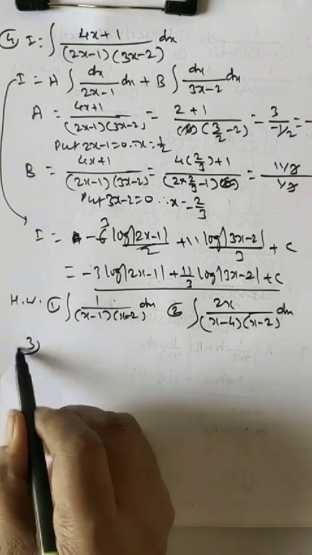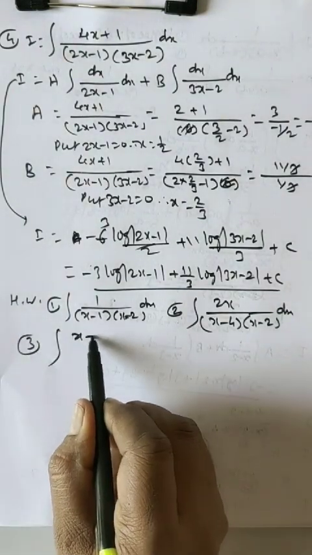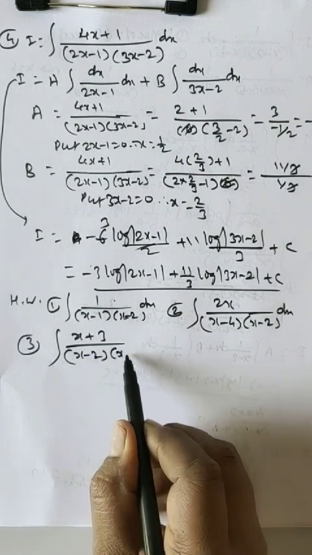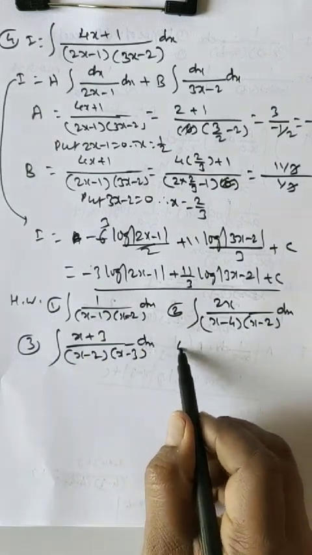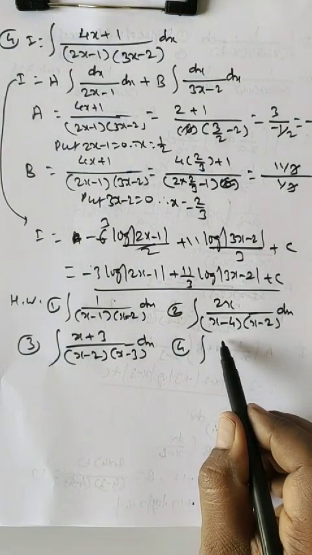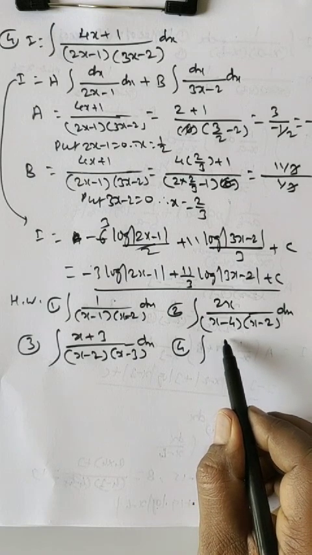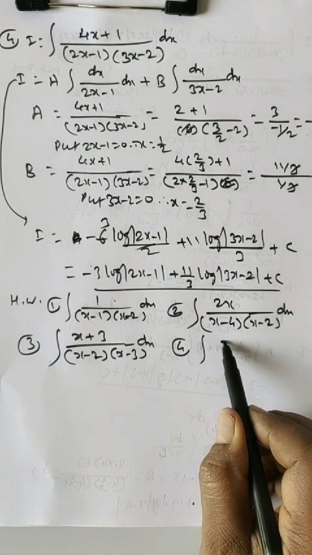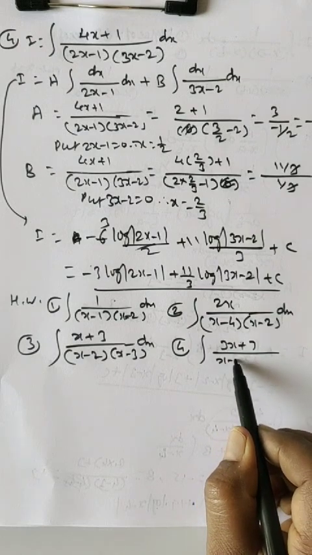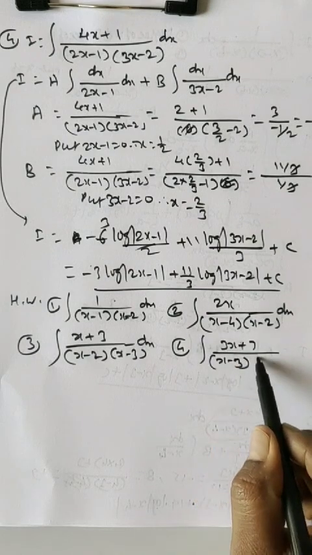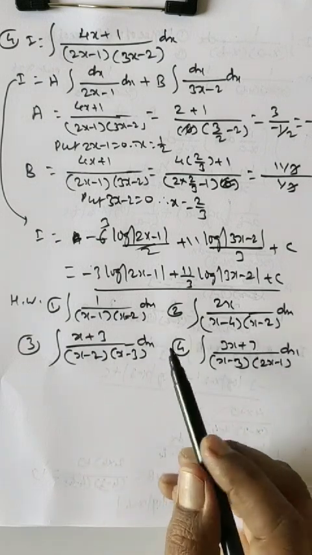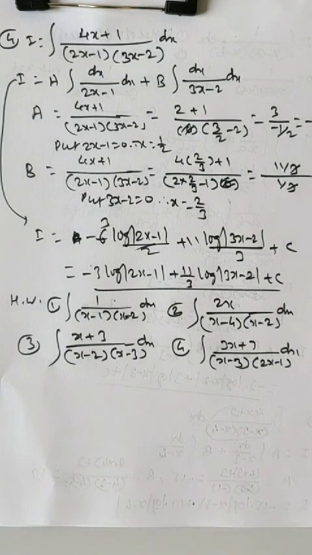Third example, integration of x plus 3 upon x minus 2 into x minus 3. Fourth example, integration of 3x plus 7 upon x minus 3 into 2x minus 1. Try to solve these examples by this shortcut method.